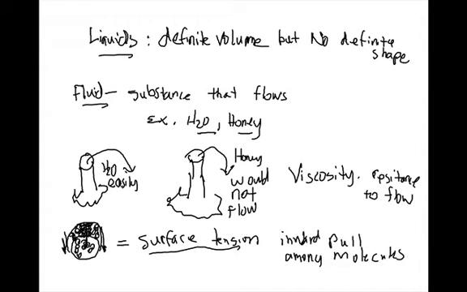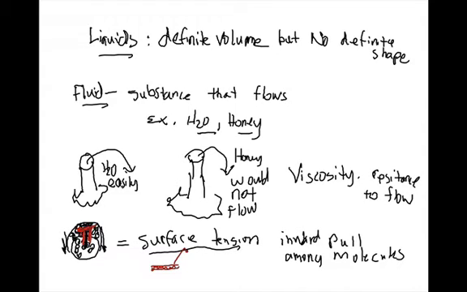Let's switch the colors so you can see it here. There was an attraction between the molecules from the top and the bottom and from the sides. If you look very closely at the top of some water, you would see that there's a thin kind of membrane that exists, and that right there is what we call surface tension.